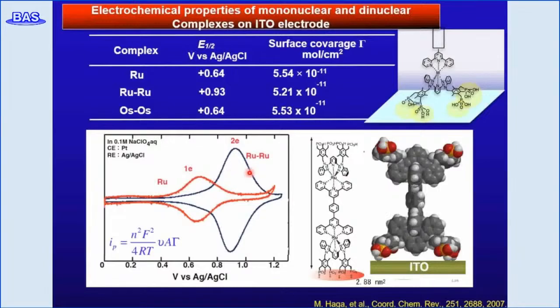The dinuclear complex could be adsorbed in perpendicular or parallel orientation to the electrode surface with respect to the axis connecting ruthenium, but we concluded that they are oriented perpendicularly in this way, since both footprints are the same based on comparison with the surface coverage of the mononuclear complex.